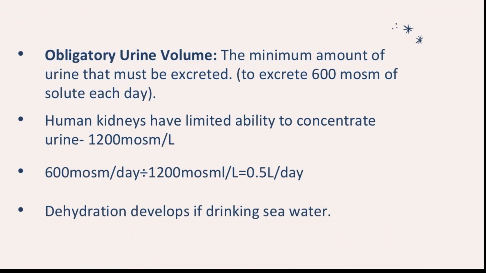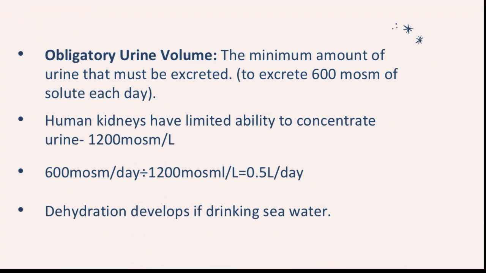An obligatory urine volume: a normal 70-kilogram human must excrete about 600 milliosmoles of solute each day. The human kidneys can produce a maximal urine concentration of 1,200 to 1,400 milliosmoles per liter, or 4 to 5 times the osmolarity of plasma.